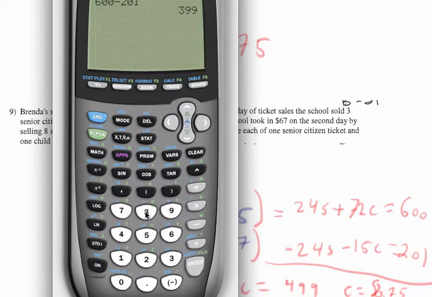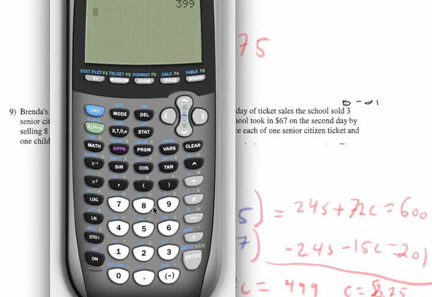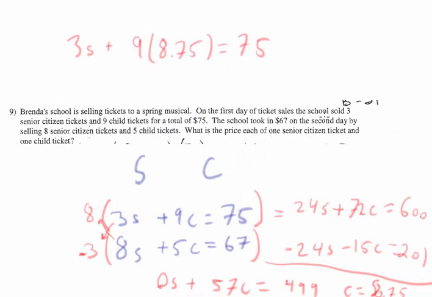Okay, so how many kids tickets did I have again? 57. 57 divided by 399. I did that in the wrong order. $7 for a kid's ticket.